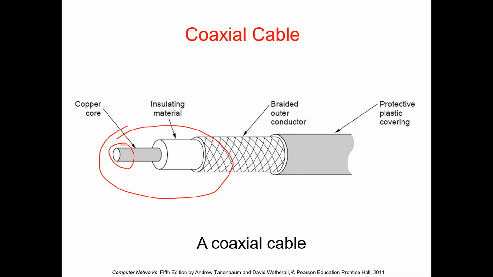This is the inner conductor, which stays in the middle, and the other conductor encapsulates it. This is the outer conductor, and this is the covering of the cable, the insulator. There is an insulator between the two conductors as well. This is that one.